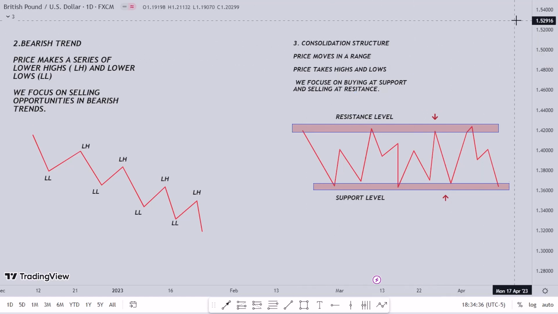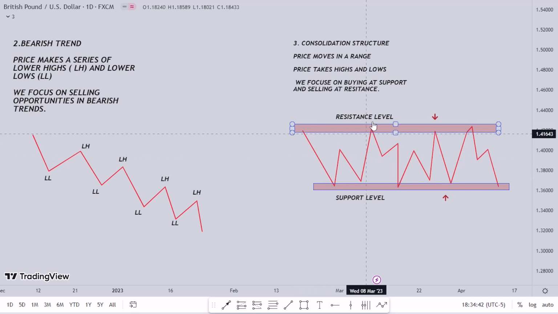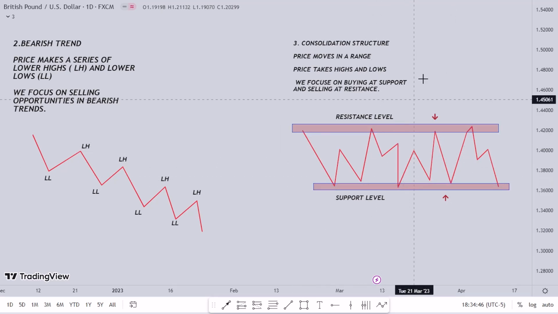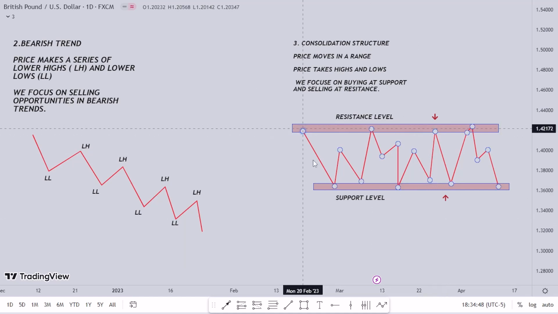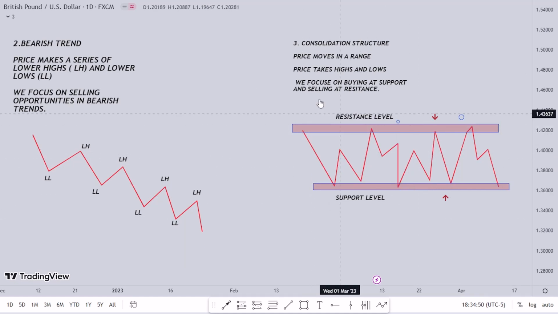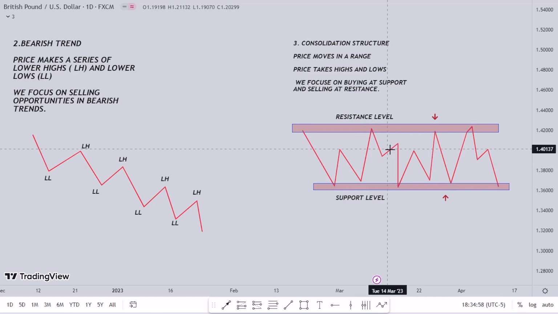There may be a level up here, as you see here, and a level down here, and price continuously will be bouncing up and down within that range, not going up, not going down, just bouncing up and down within that range. So when you see the price is continuously bouncing back and forth within a range like this, we say that the price is not in a trend, it is just consolidating.